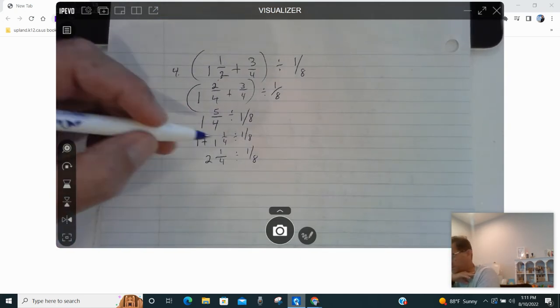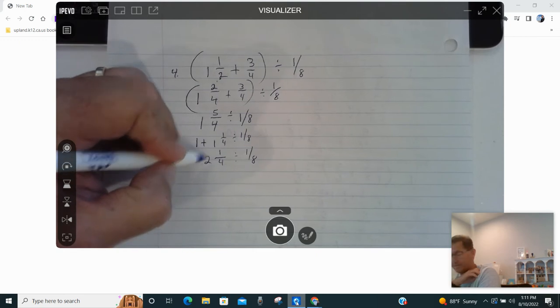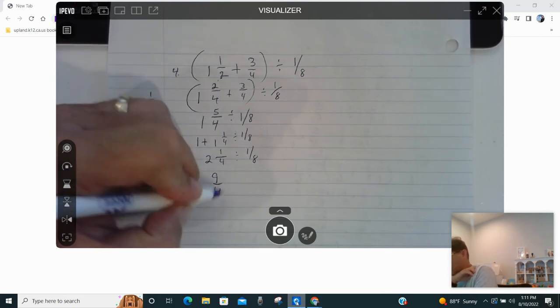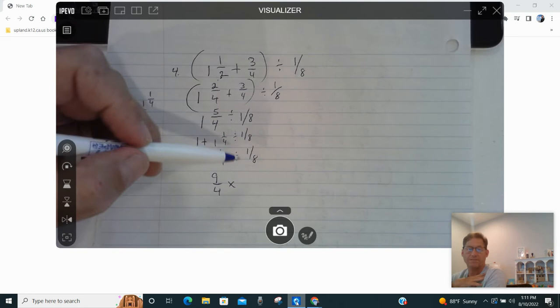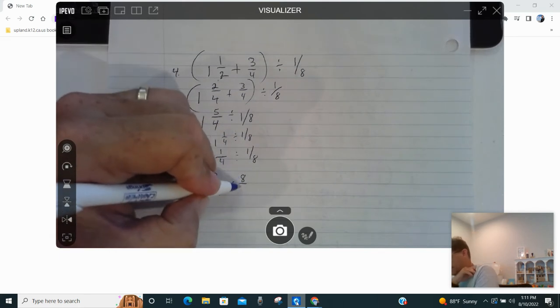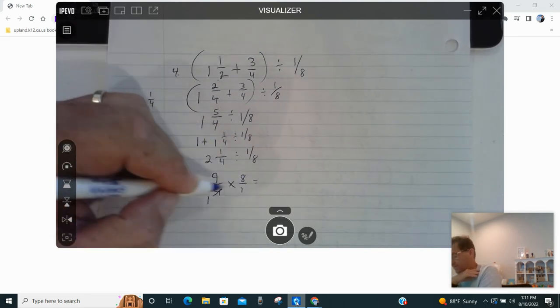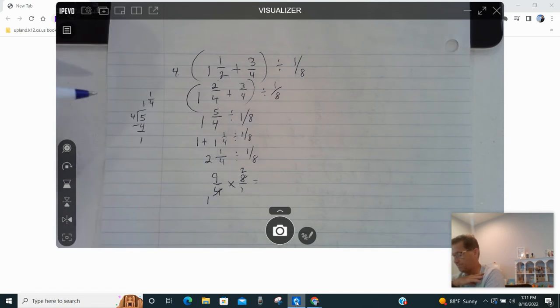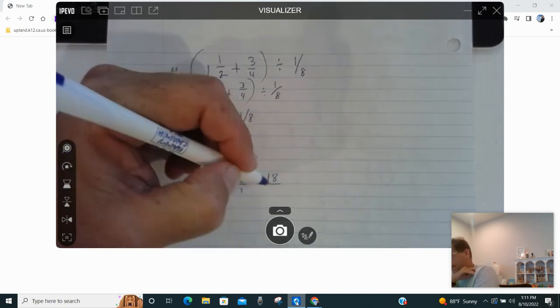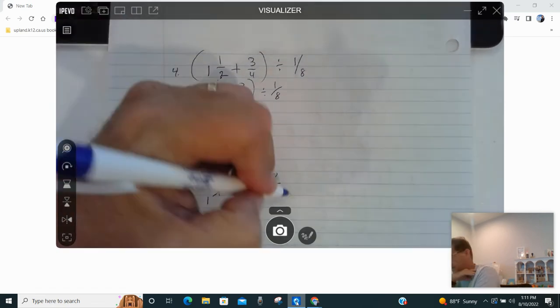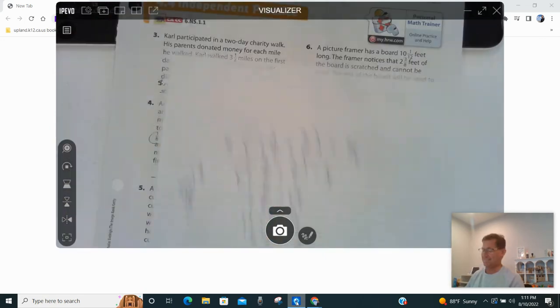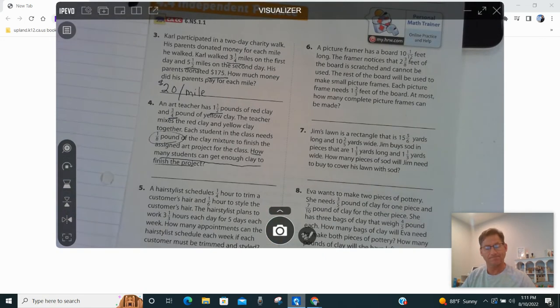Change 2 1/4 into a fraction greater than 1. 2 times 4 is 8, plus 1 more is 9. 9/4 times the reciprocal of 1/8. We can simplify 4 and 8 by dividing by 4. 9 times 2 is 18. 1 times 1 is 1. So 18 students.